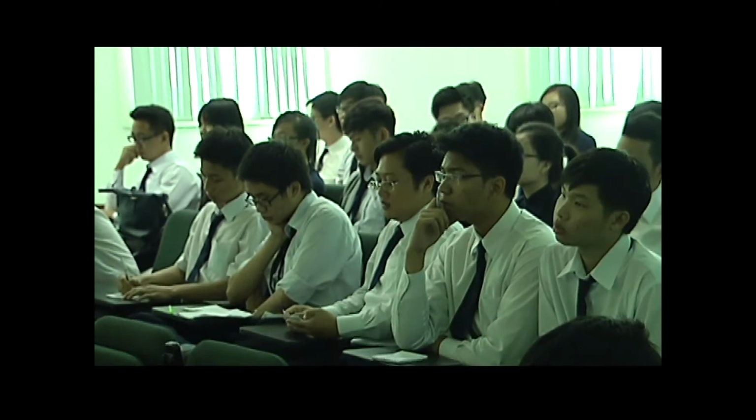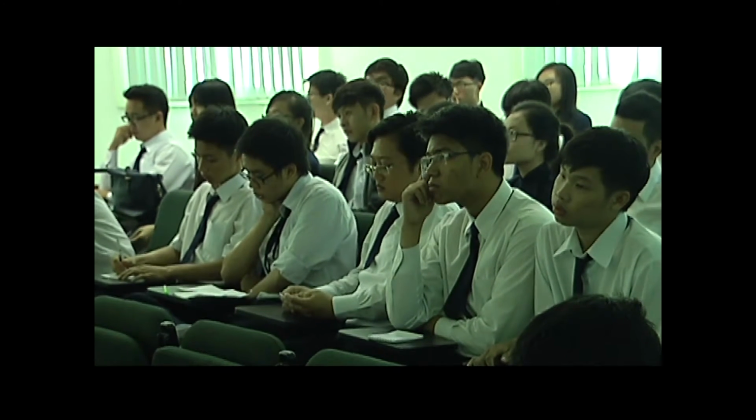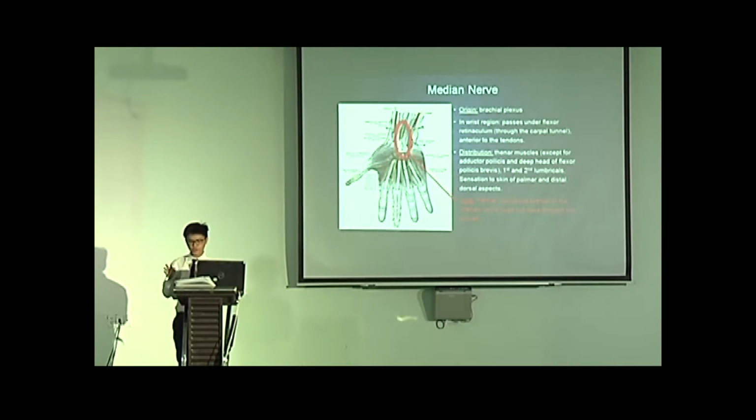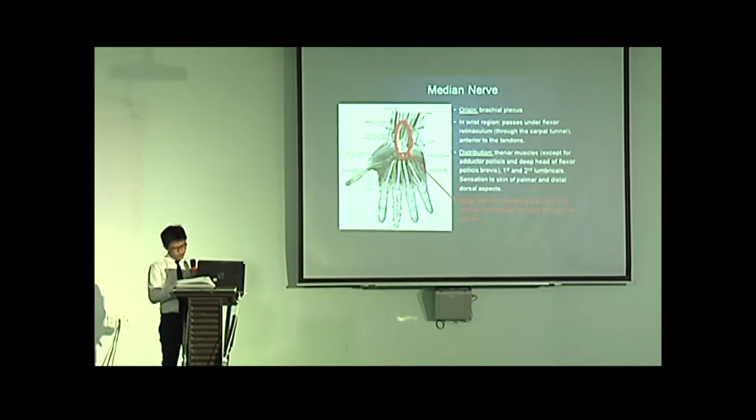When it passes through the carpal tunnel, the median nerve gives 3 branches. The recurrent branch supplies the thenar muscles: the opponens pollicis, abductor pollicis brevis, and the superficial part of the flexor pollicis brevis.